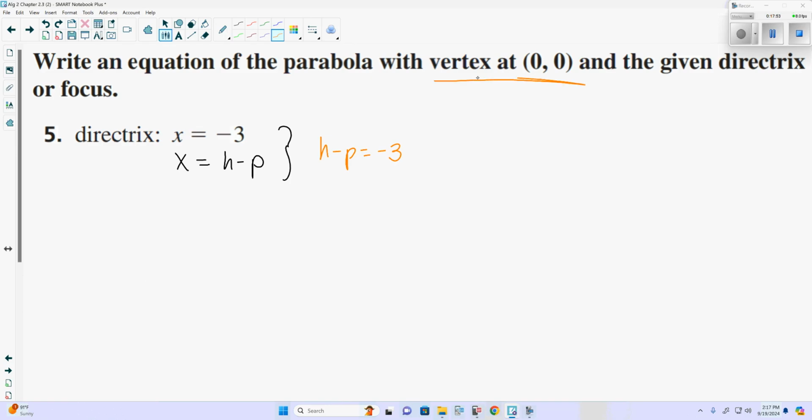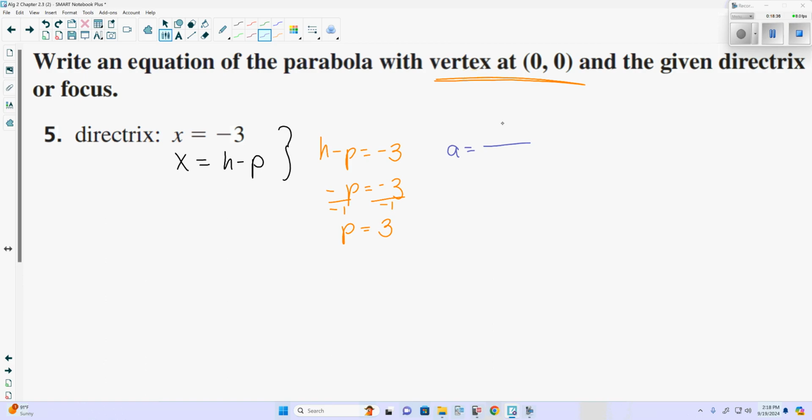It just hid it in the instructions that the vertex is 0, 0. So h is still 0, which is telling us that negative p is equal to negative 3. Yes. Well, if negative p equals negative 3, positive p should equal positive 3, yes. I changed the sign on one, I've got to change the sign on the other. Or we can multiply or divide by negative 1, and we'll get to the same spot.